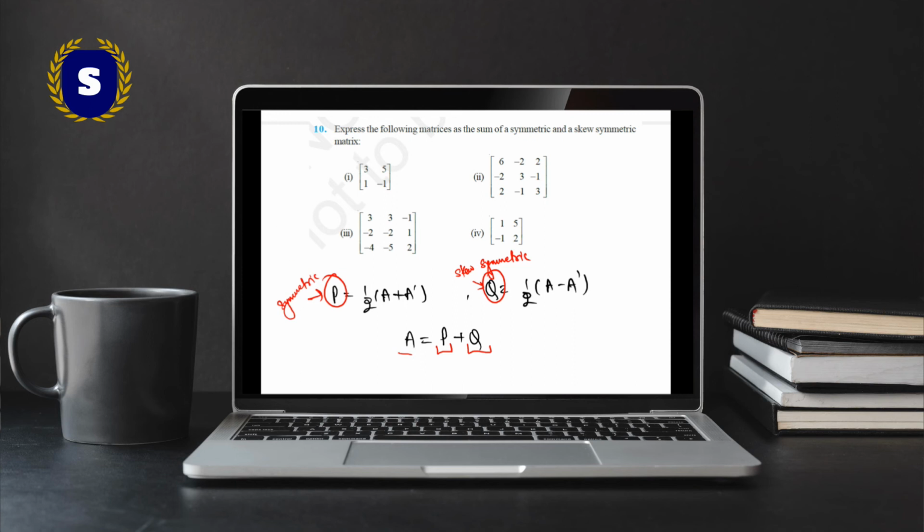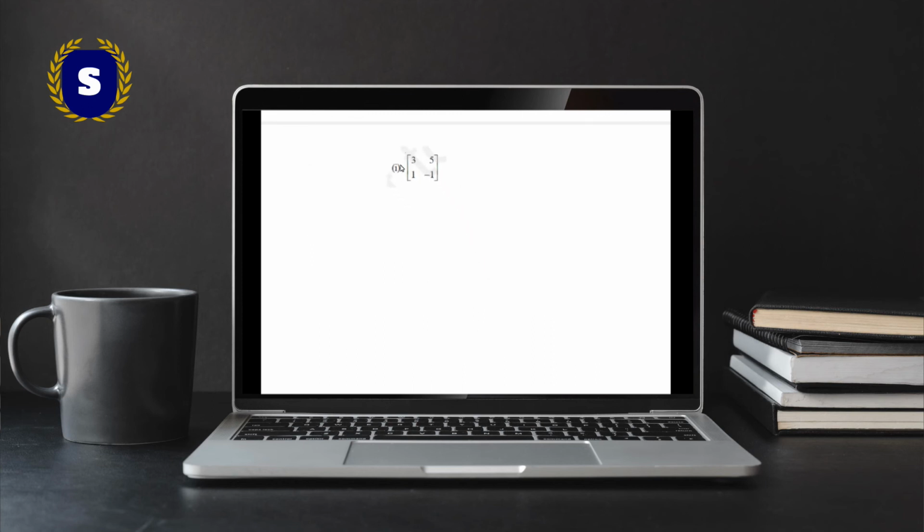Let us solve our first part. Do remember the technique. Okay. So let this given matrix be matrix A, 3 1 5 minus 1. Okay. We'll calculate its transpose matrix. That will be 3 5 1 minus 1.